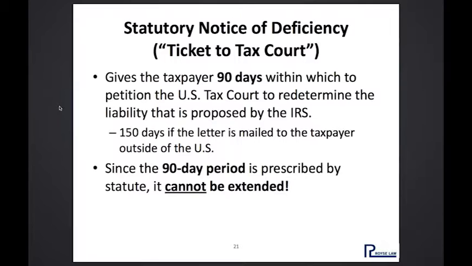Now, there is a small exception of 150 days if mailed to the taxpayer outside the U.S., but it's better to think of it as 90 days because this is not a deadline that you want to miss, usually. Since the 90-day period is prescribed by statute, it cannot be extended.